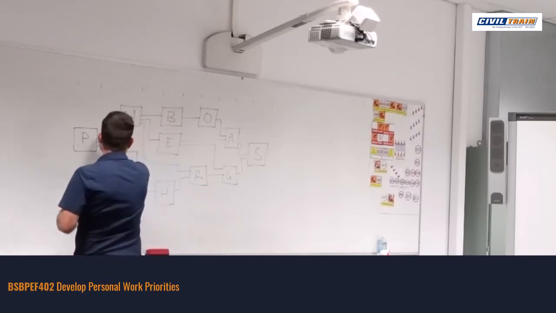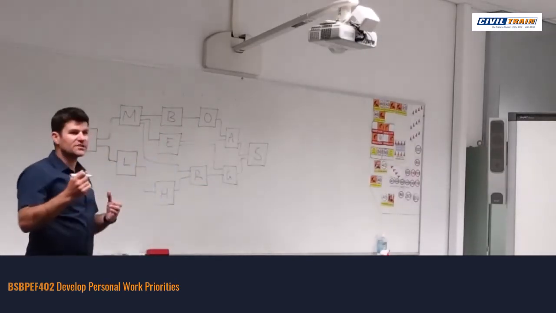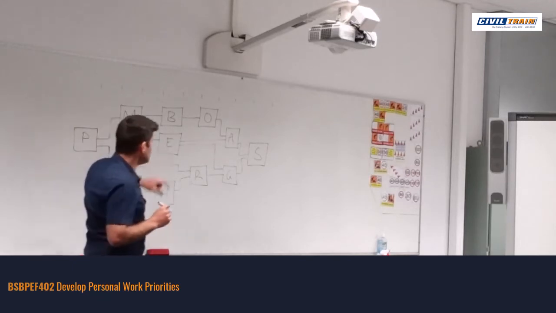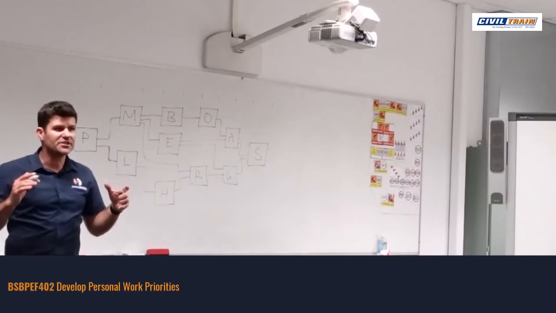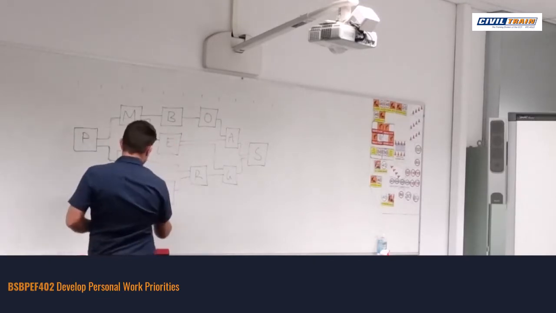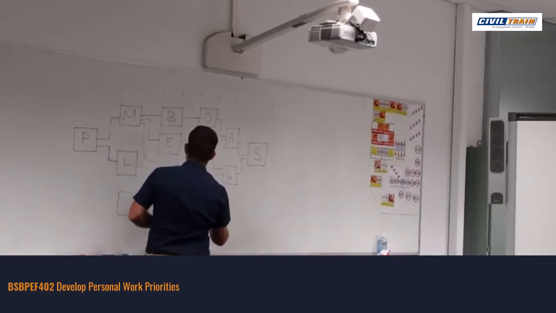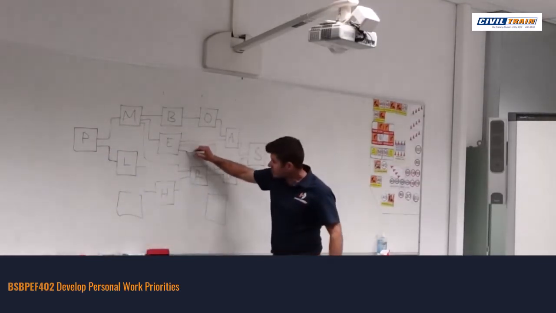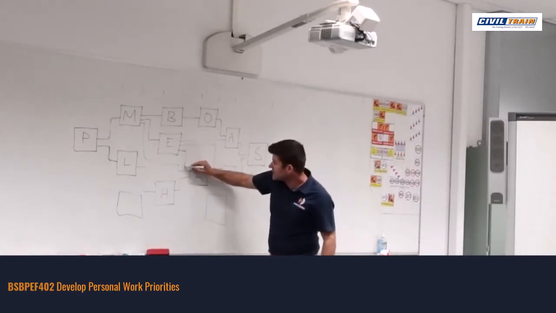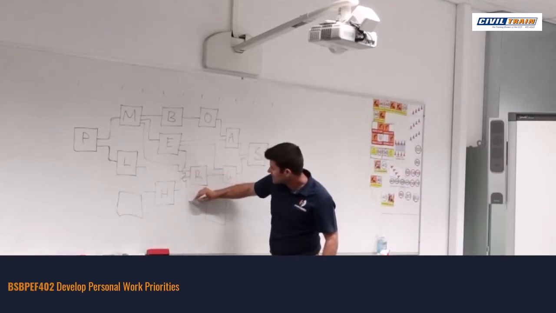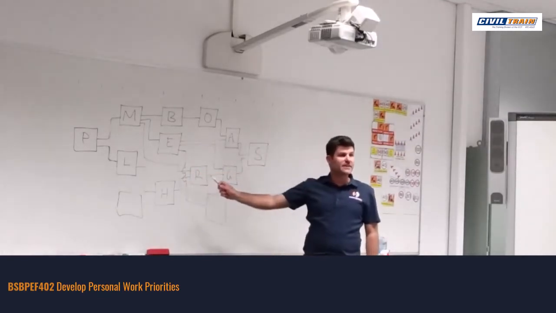So I did throw a ruler on there. Feel free to freehand it, but when you are drawing the connection lines, make sure you draw them nice and clean and not too close together, like I've drawn out here. If you do get to a tricky situation where all of a sudden you've got a box down here, so I'll put one over here, a box down here, and you need to get a connection across, what you can do is a bridging line, which is like a loop, which really clearly shows that there's no connection.